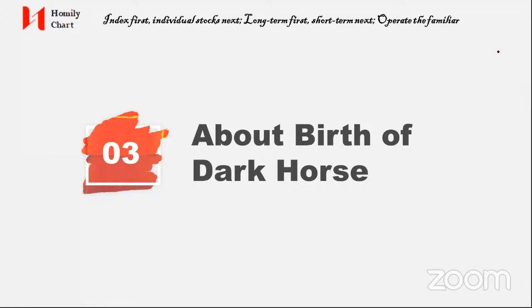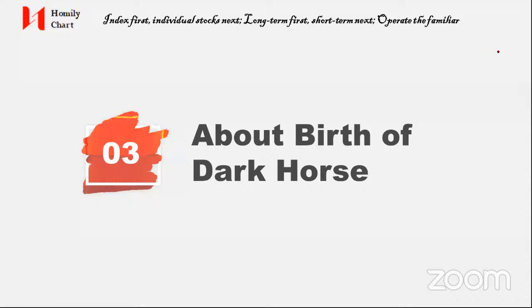After the birth of the horse, if it's a successful one, you buy, you can hold for really long-term trading. Best entry point for long-term trading.